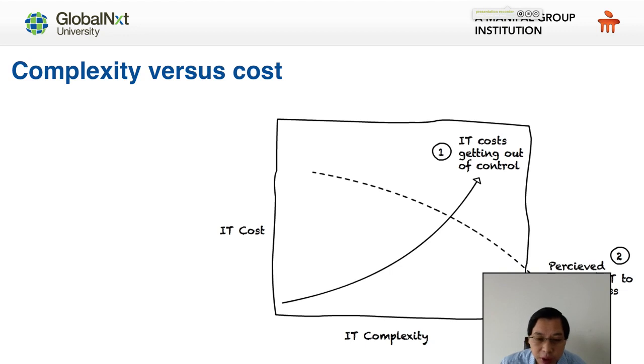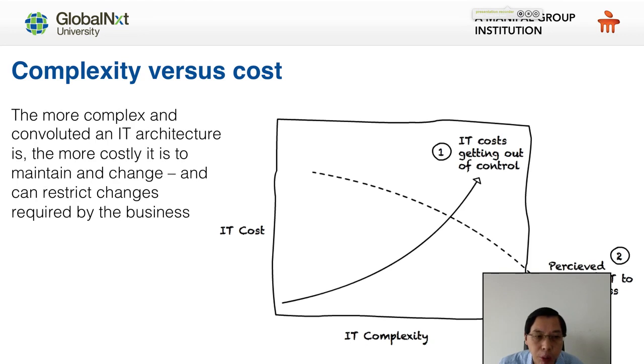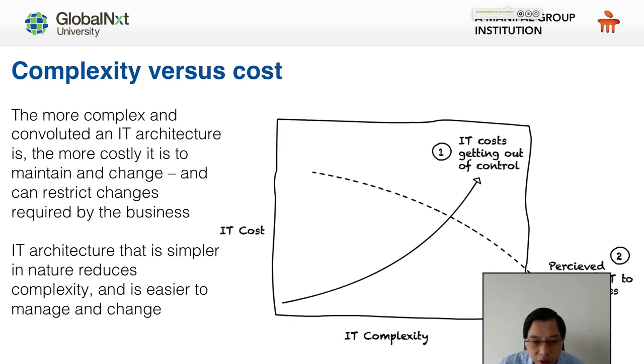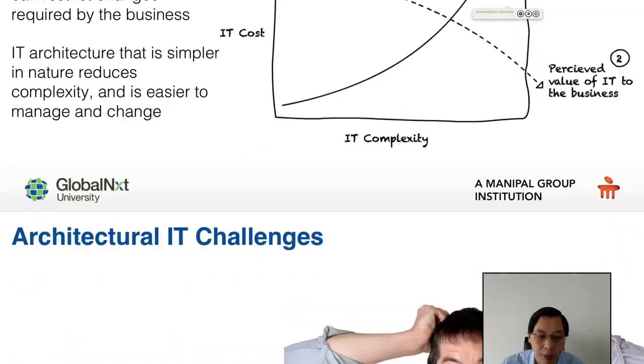That's why we see a lot of companies outsource their IT these days to try and pass on those challenges to a dedicated IT provider. But that is the issue with a complex IT environment. The more complex it becomes, the less value it's seen to add to the business, and the more costly it becomes just to maintain that architecture. So one of the things that people would want to do is to reduce IT complexity so that it's easier to manage and affect change, and so that it's also less costly.